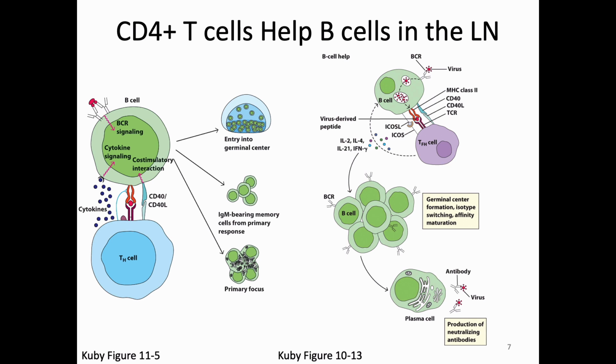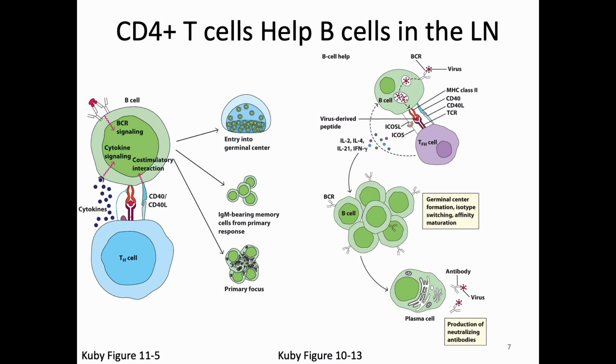And our T cell is going to be a CD4 T cell, so it can recognize MHC class 2 plus peptide and interact with that B cell. And that T cell is going to give that B cell some signals that will allow the B cell to further be activated.